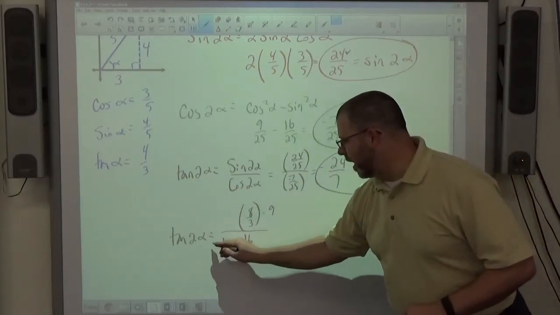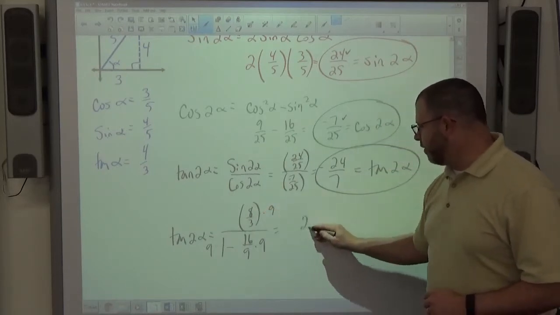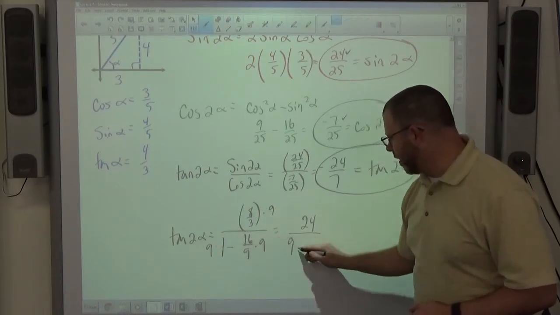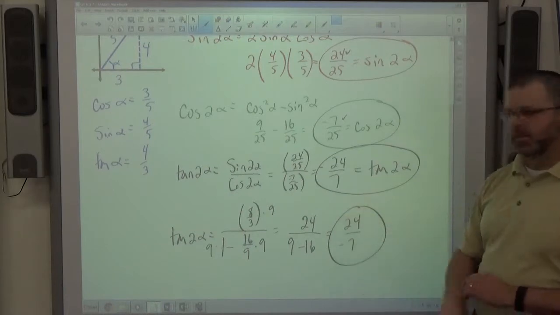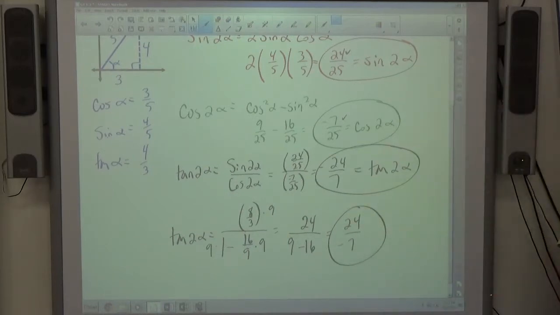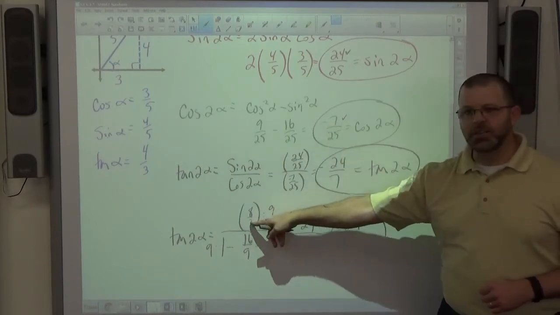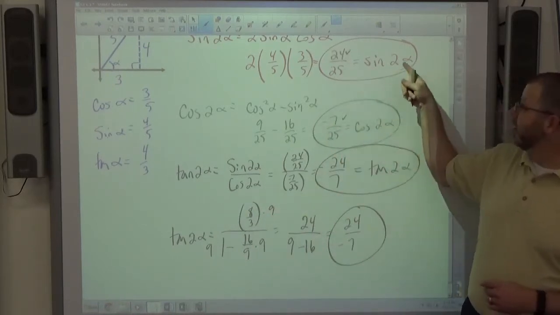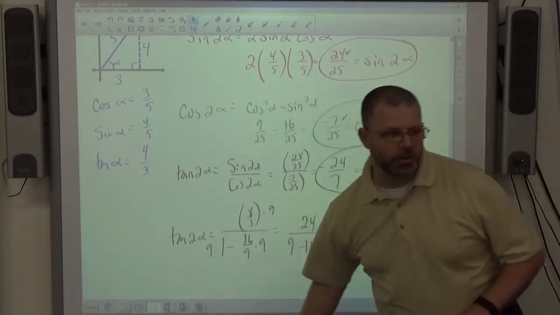Multiply top and bottom by 9. 9 divided by 3 is 3, times 8 is 24. 9 times 1 is 9, 9 divided by 9 cancels, minus 16. 24 over negative 7. Same answer. But again, if I don't have to find sine and cosine anyway, it's easy enough to just find tangent immediately. If I do have to find both of these anyway, I've already found them. Top over top, sine over cosine, gets you the right answer for tangent of 2 alpha.